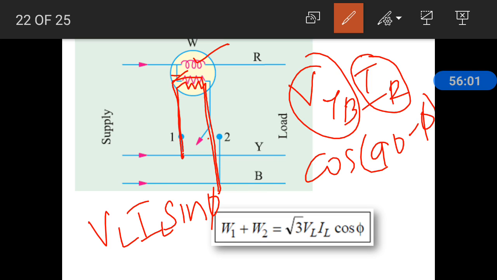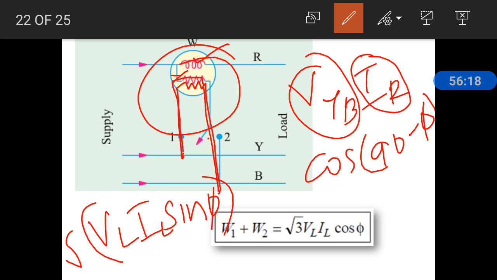We got the reading W equal to VL IL sin phi by using only one wattmeter, but multiplying by root 3 gives the reactive volt ampere, or reactive power, by using only 1 meter.